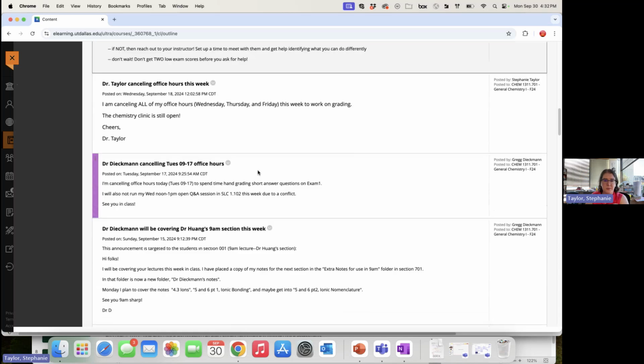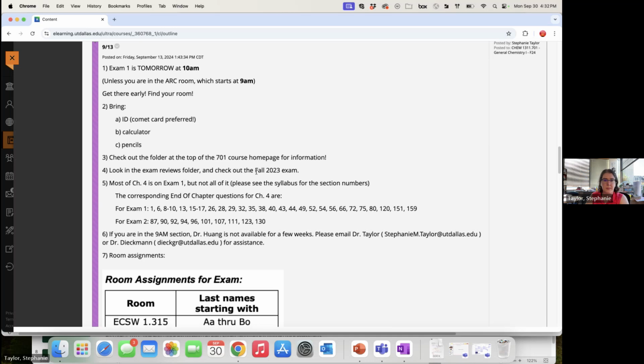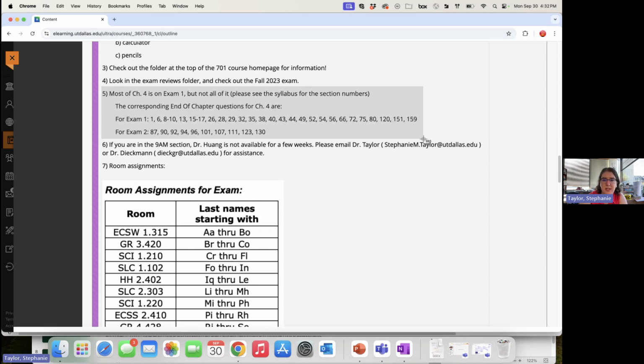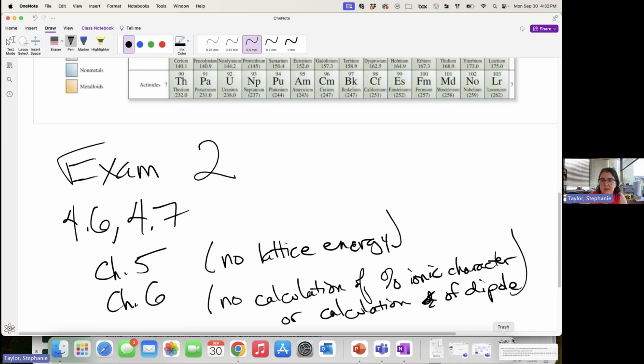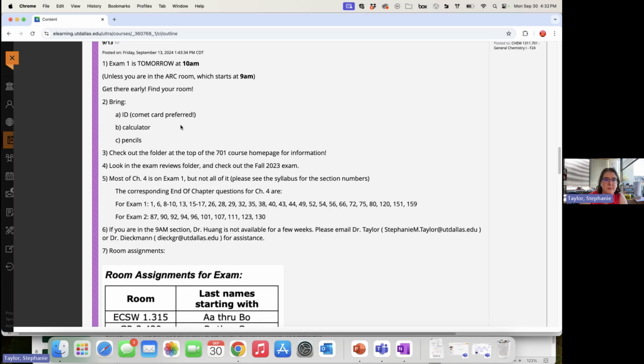What else was in here that I wanted to check on? The other thing that is actually hanging out in the 701 section is for exam 1, someone had asked what end of chapter questions do we need? I was going to see if I could copy those over, but I think perhaps there's too many things.